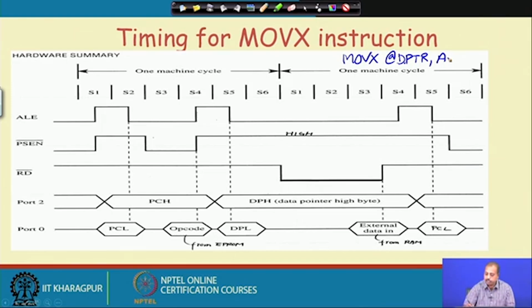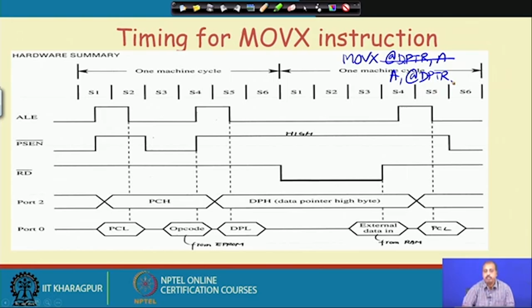And there is another version for getting the content of a memory location into the accumulator, where you just write MOVX A, @DPTR. Those are the two versions of the MOVX instruction, for external data memory access.